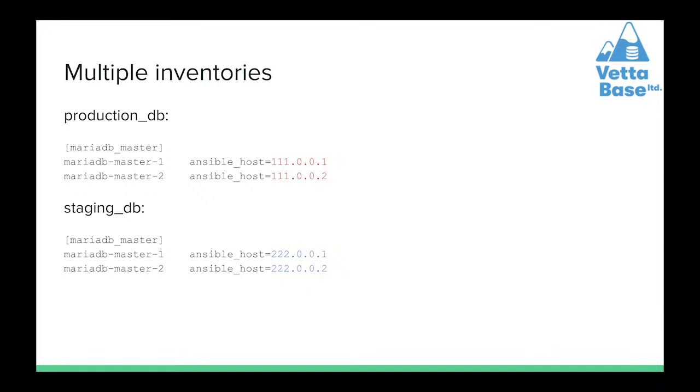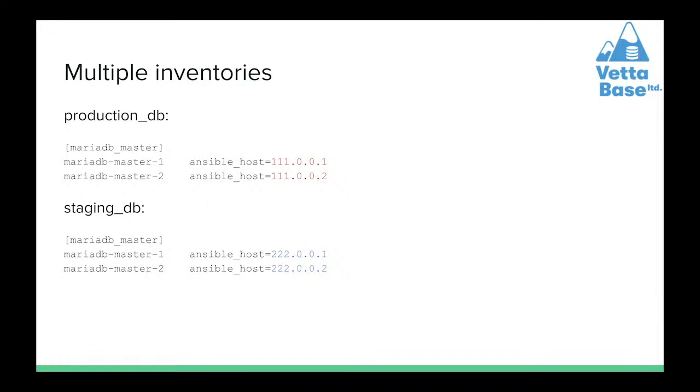So for example, have separate inventories for databases, another inventory for web servers, and so on. The reason, well, there are several reasons, but the most obvious reason is that these inventories are probably managed by different persons with different skills.